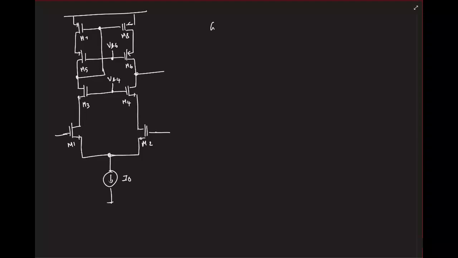So here what was the short circuit GM we had? GM1. And what about the output resistance? We did the calculation. Finally, it turned out to be the cascode impedance looking down in parallel to the cascode impedance looking up. So that was this R4, R02, R06, R08, right?